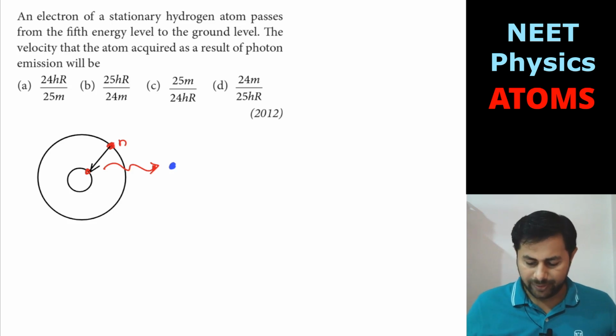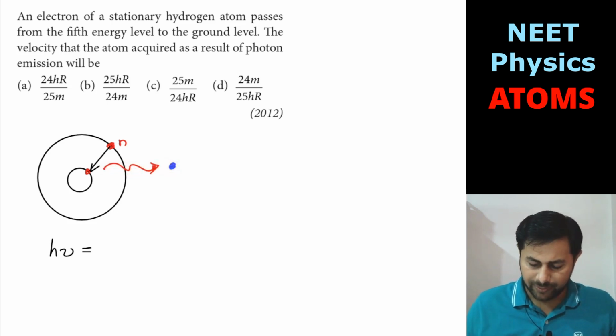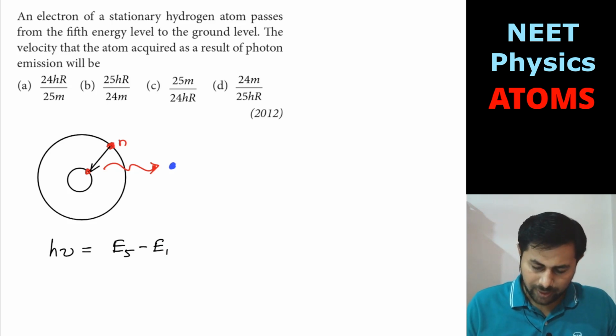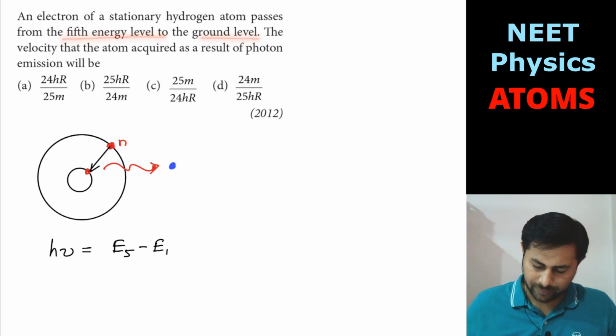So this is simple. You can find the energy of this photon. The energy of the photon, h nu, would be equal to E5 minus E1, because it goes from the fifth energy level to the ground level.